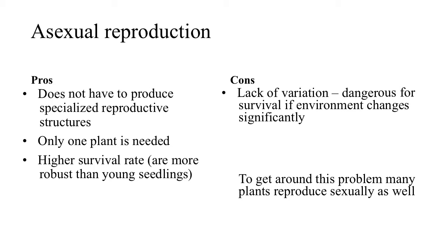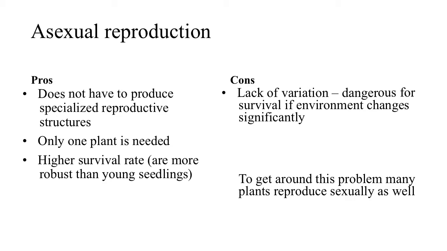So those are the different types of asexual reproduction you can get, and asexual reproduction does have some pros and cons. The first pro is that it doesn't have to have any specialized structures. It doesn't need reproductive organs in order to occur. You also only need one plant, which means you don't have to worry about finding another plant to reproduce with.